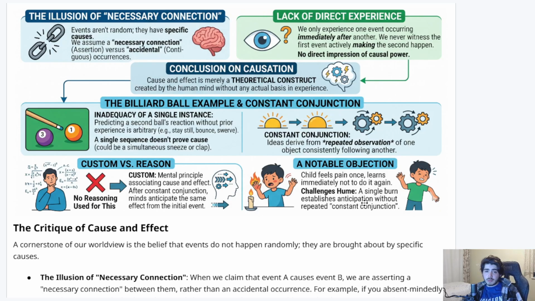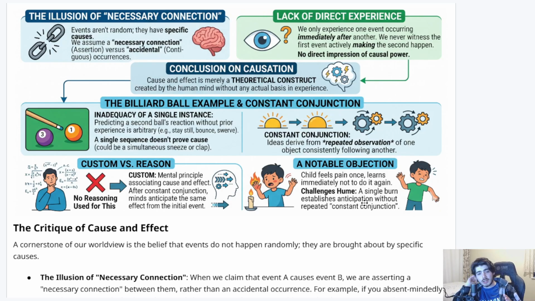But there is a notable objection to this. He says that you need to experience an event more than a single time, repeated multiple times. But, for example, imagine a child who goes up to an open flame and touches it. Ouch. What will the child do the next time he sees an open flame?